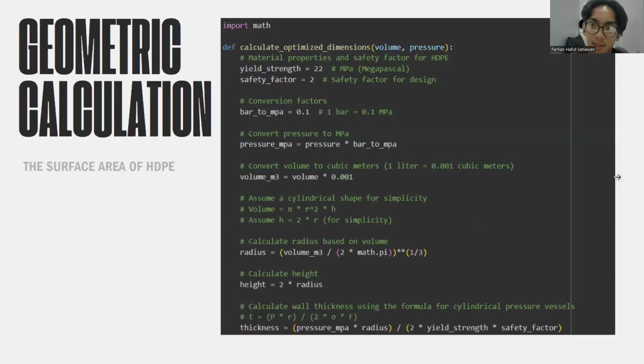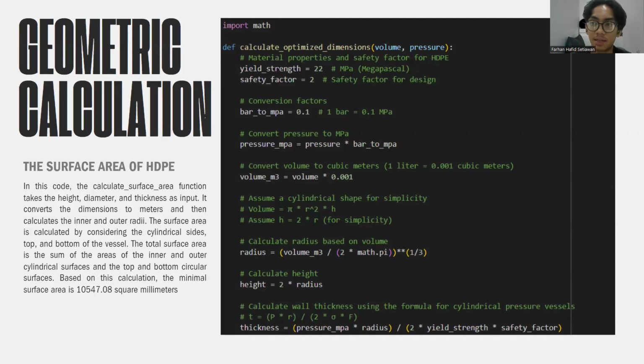Okay. Lastly, for the HDPE, we must know the surface area that we need with 700 bars and 1 liter capacity. In this code, the calculate surface area function takes the height, diameter, and thickness as input. It converts the dimensions to meters and calculates the inner and outer radius.